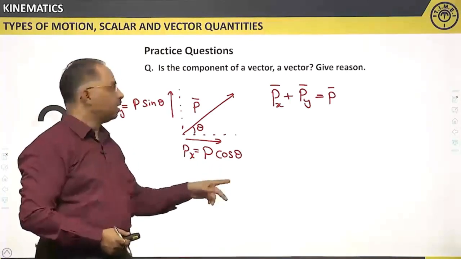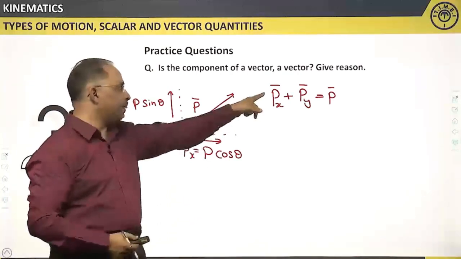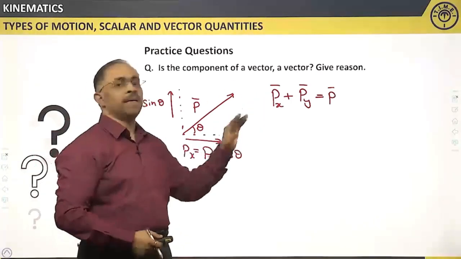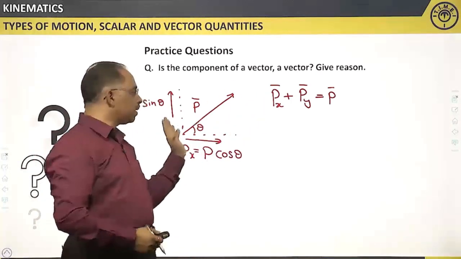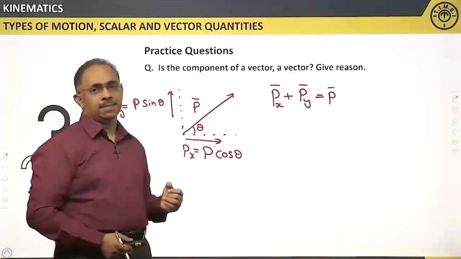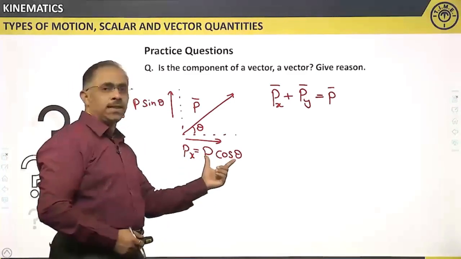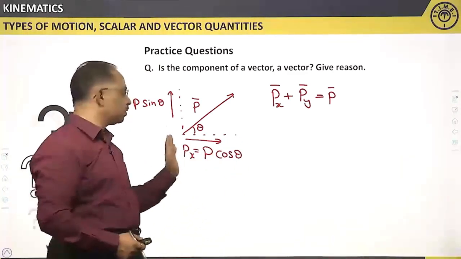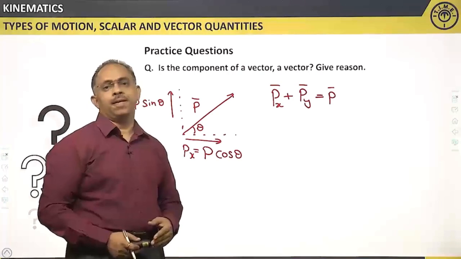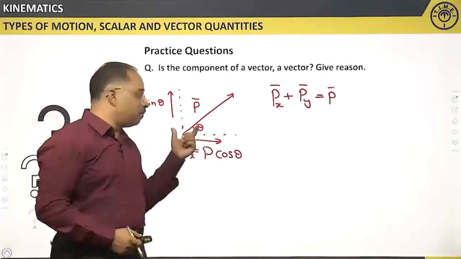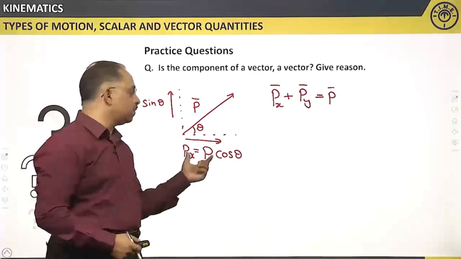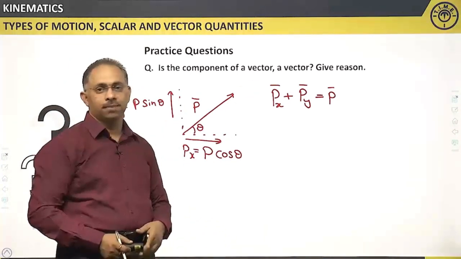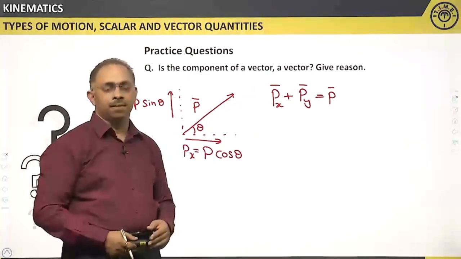Why? Because the difference between this Px bar and this Px is that I am associating a vector along the direction of Px. That means P cos theta into a unit vector associated along the x direction. If I am attaching a unit vector along with Px, then I can write it as Px bar. Then only it will become a vector.